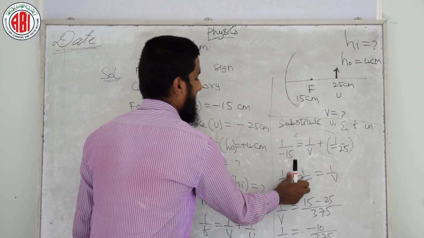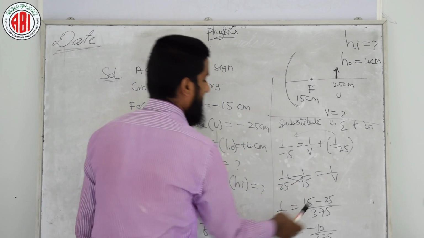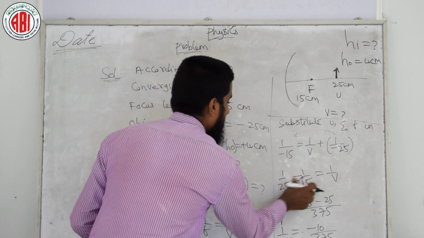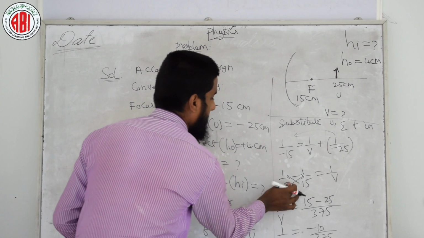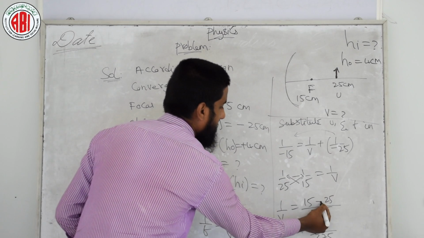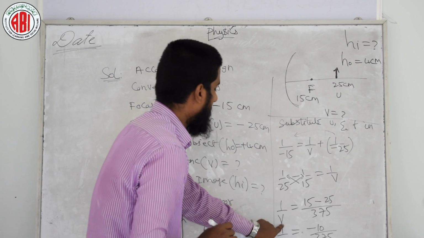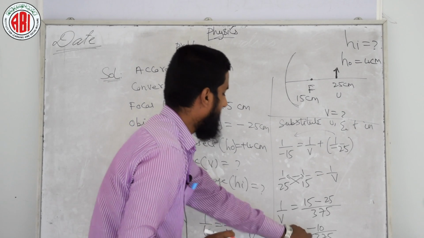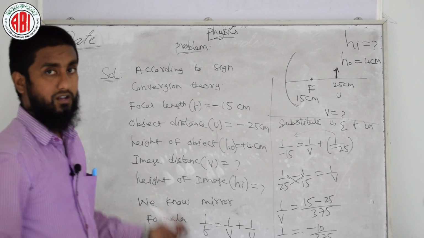After that minus 1 by 15 is equal to 1 by v. So I am cross multiplying, you can see the arrows once again: 1 into 15, 25 into 1 is 25, minus as it is, by 25 into 15 is 375. So 1 by v is equal to minus 10 by 375. Copy down till here, we will continue after rubbing the board.